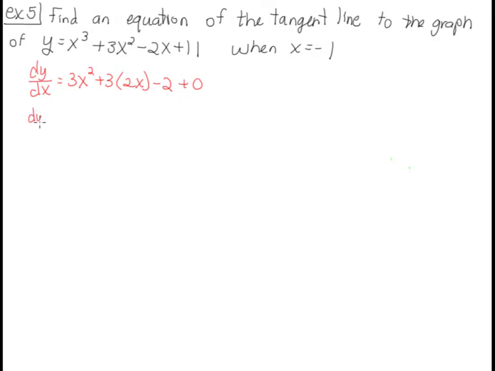And we get the derivative of y with respect to x is equal to 3x squared plus 6x minus 2. And then we want to find the derivative at x equals -1. So we're going to evaluate this by replacing every x with -1 in our derivative function.